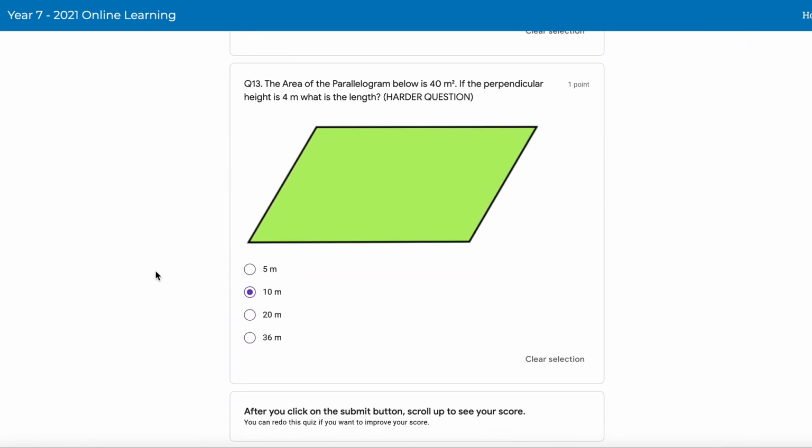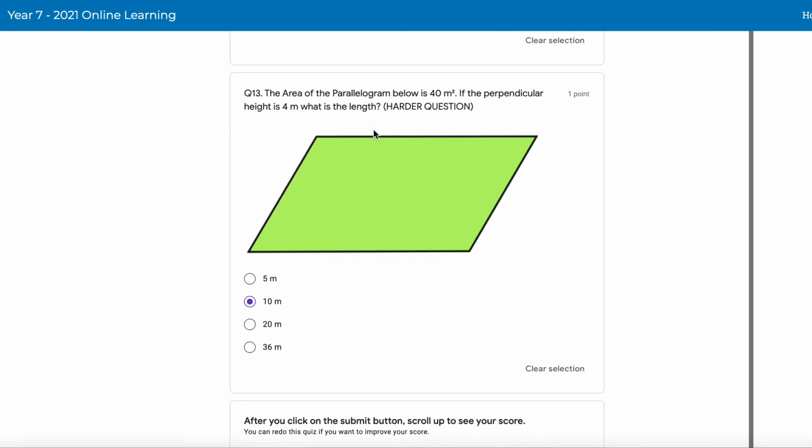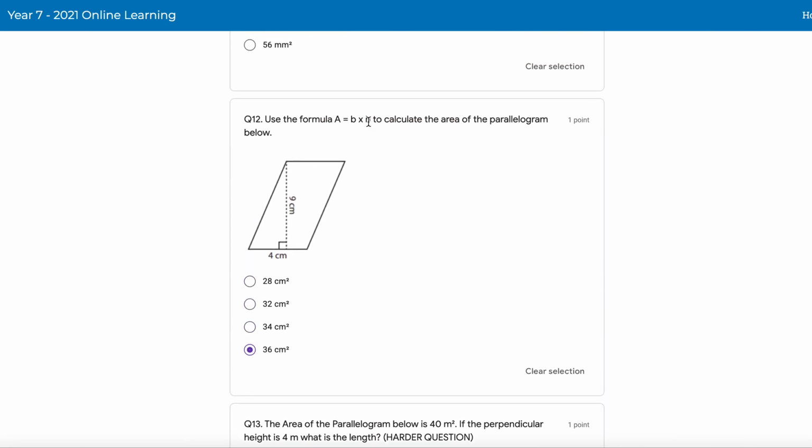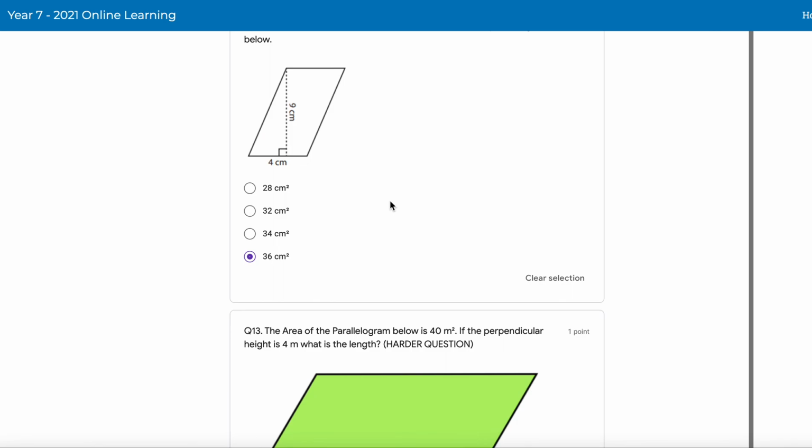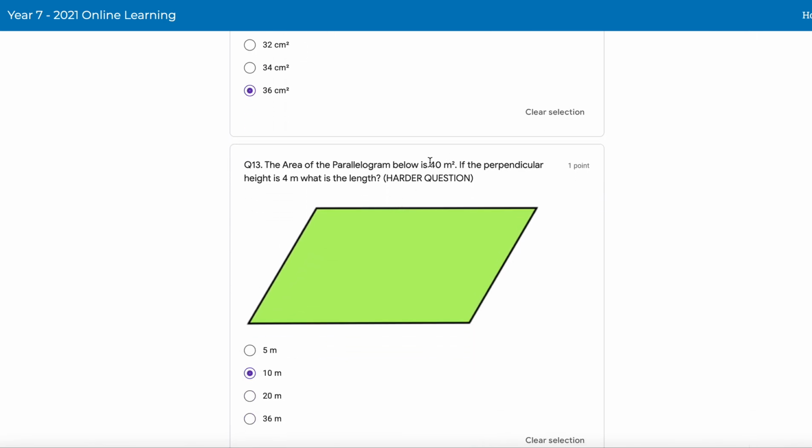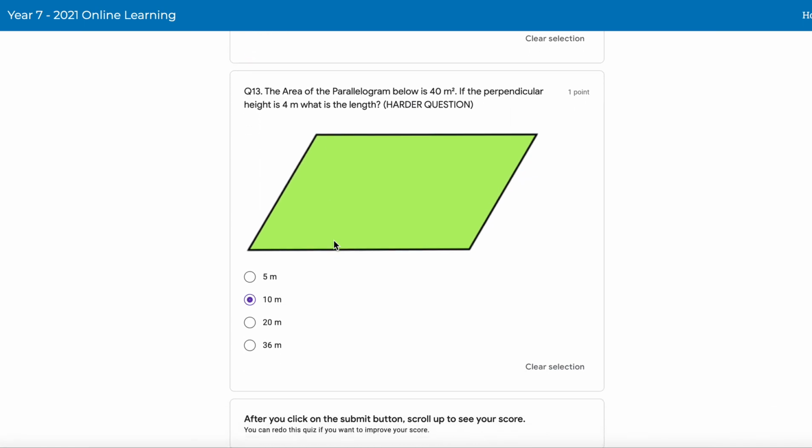And the way we worked that out was we just said, okay, well, we've got 4 here, and we know that 4 has to be multiplied by some number to end up with 40. So the only number that it can be multiplied with to end up with 40 is 10, because 4 times 10, or 10 times 4, is 40. And we can also do that by saying 40 divided by 4. 40 divided by 4 will give us that value of 10 as well.